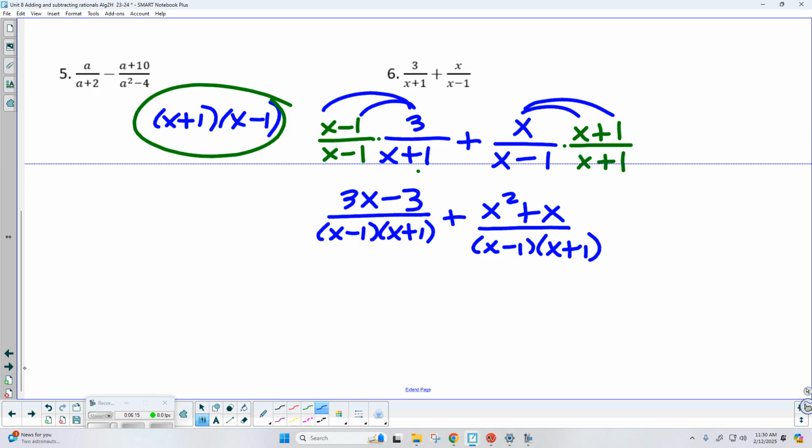We're getting the common denominator. Now I can bring them together. Okay. So this is going to be x minus 1, x plus 1. Okay. So let's see. I'm going to have an x squared, but I can only combine a few terms. What's a 3x plus x? That would be plus 4x and then minus 3.